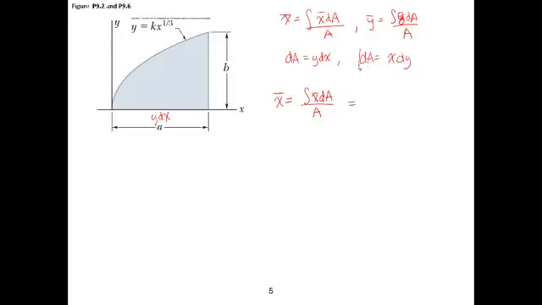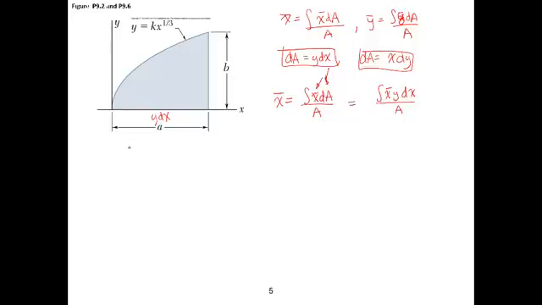First I need to decide which dA I take. Since I have x here, I am going to be using my definition of dA of that one. So I'm going to be rewriting it as x bar y dx over my area A.